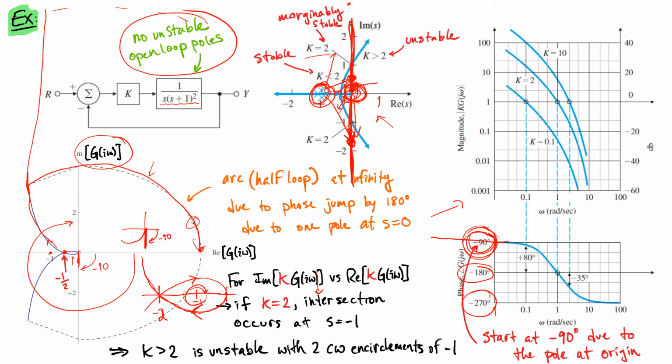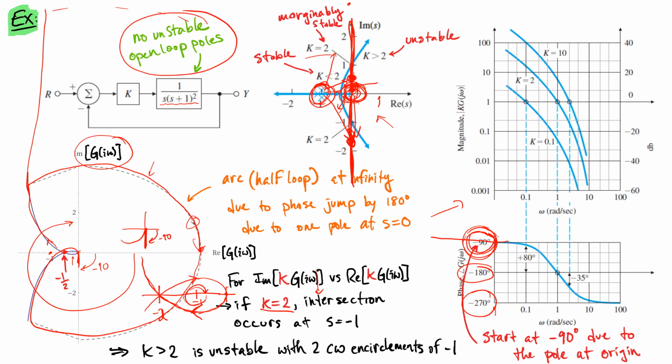And so we've encircled it one time in the clockwise direction, and then we continue and do that all over again to get one more encirclement. So in this case, we have 2 clockwise encirclements of the point -1. And so that shows us that any k value beyond k is equal to 2 leads to 2 counterclockwise and 2 clockwise encirclements of -1.